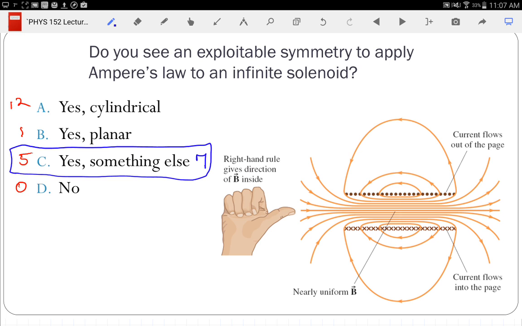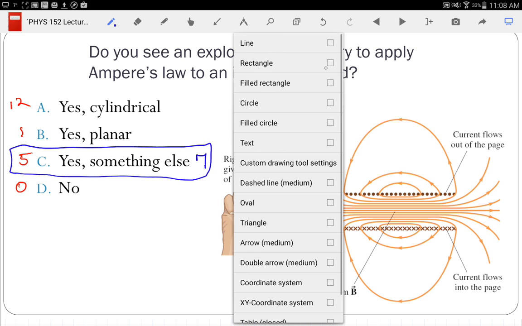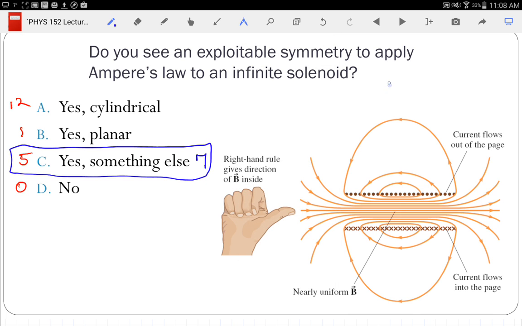This doesn't have a nice simple symmetry. You can't make a circle or something like that and use Ampere's law conveniently. But what is the shape we use? One of you people that's in the Physics 252 class? A rectangular loop. So you make a loop that goes something like this.